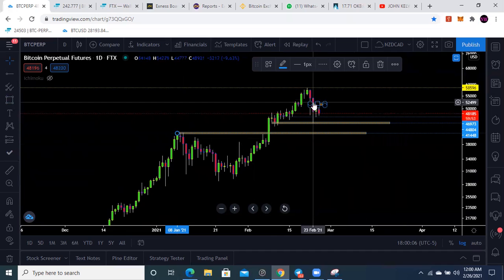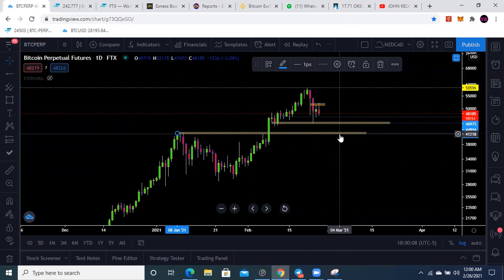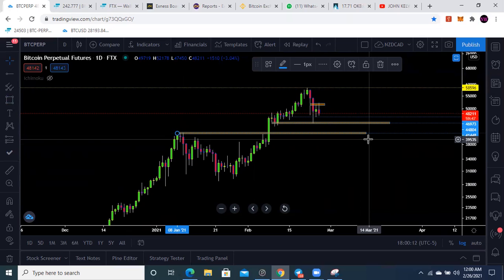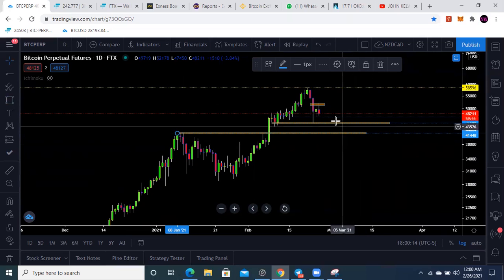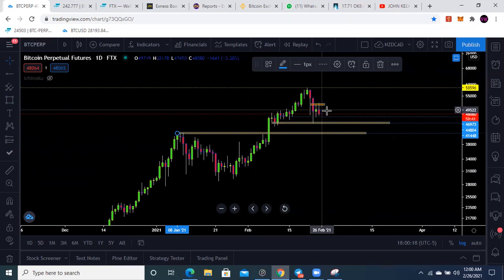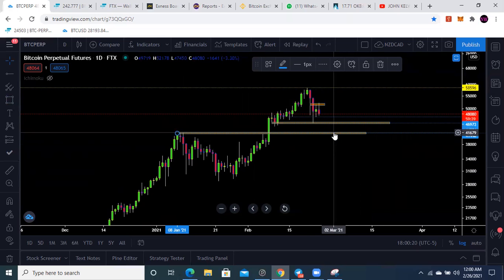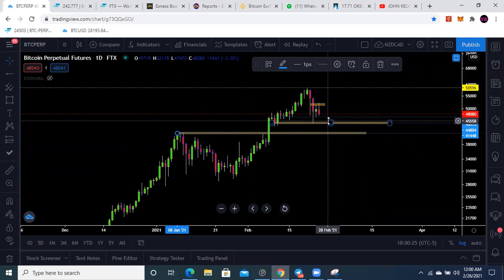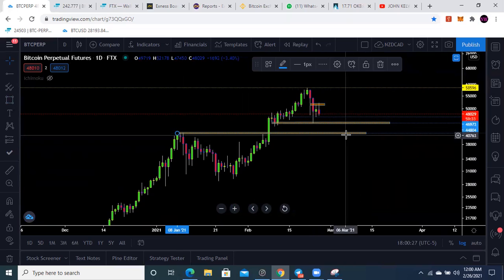So if this pushes to the downside, we're going to get all these levels triggered. Like I said in my previous video, when this closes below this, there's high probability we're going to get to the downside only when these support levels have broken to the downside.